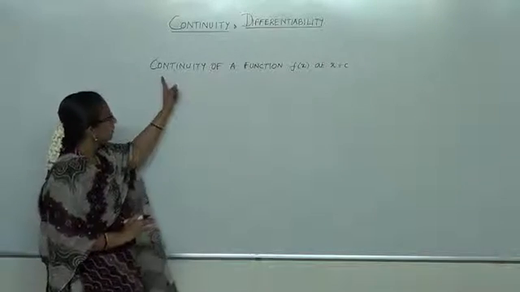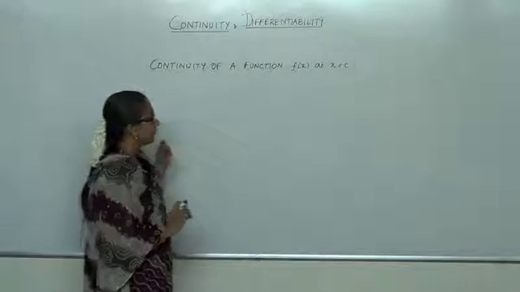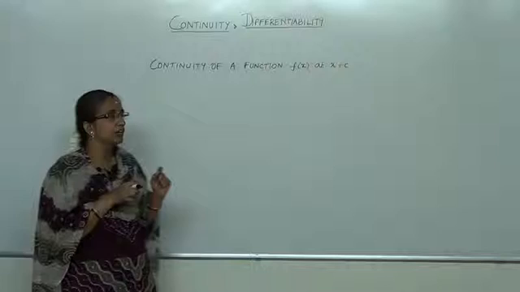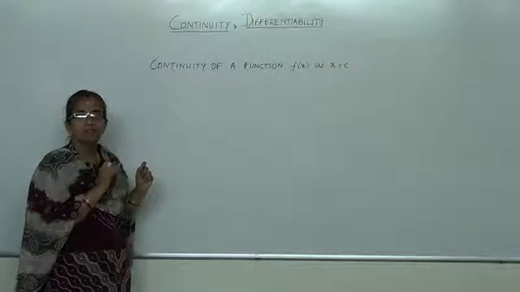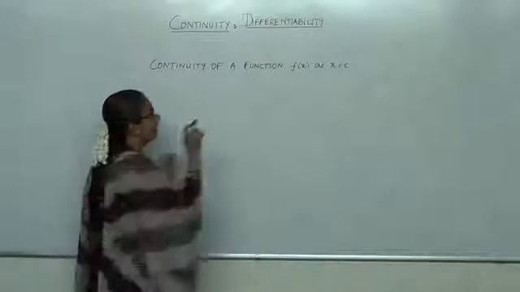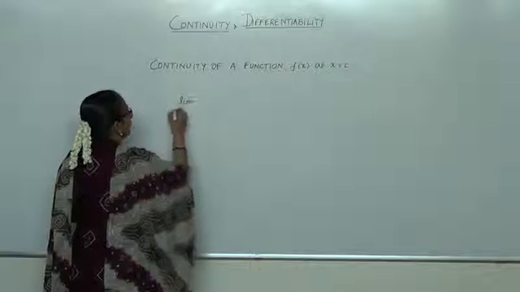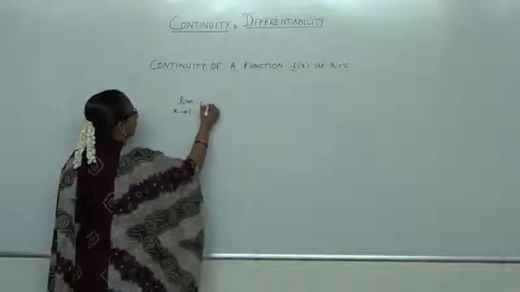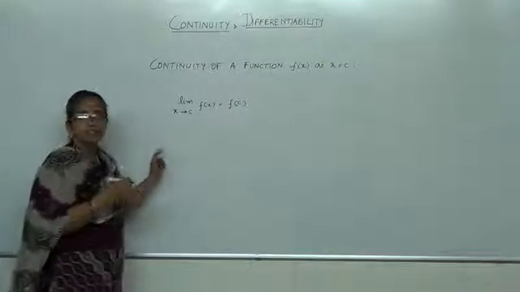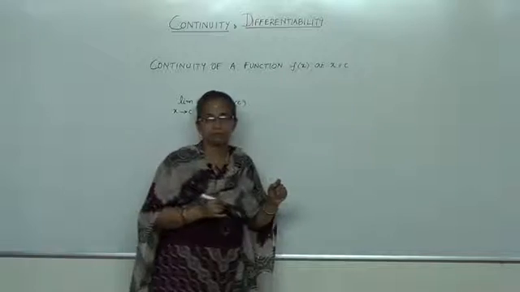You need the function to be continuous at x is equal to c, which means the value of the function at x is equal to c should coincide with the value of the left hand limit and the right hand limit, or the value of the limit of the function at that point x is equal to c. So if you have limit x tends to c, f of x is equal to f of c, then you say that the function is continuous at the point x is equal to c.